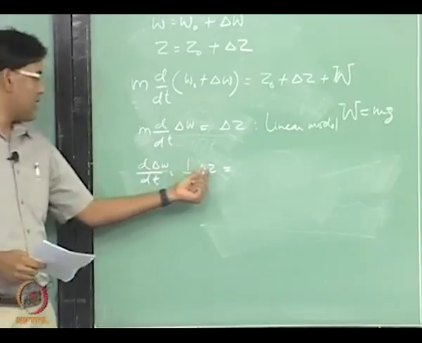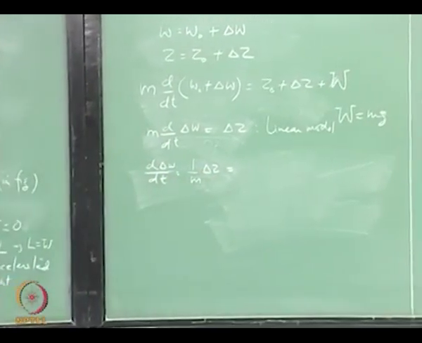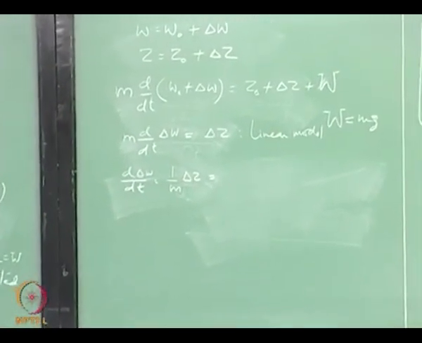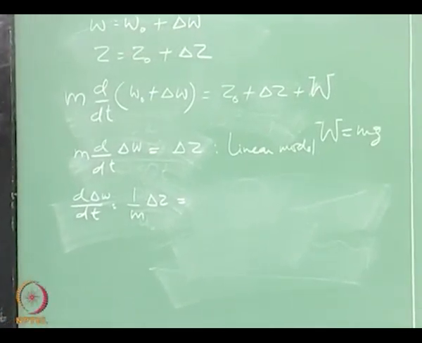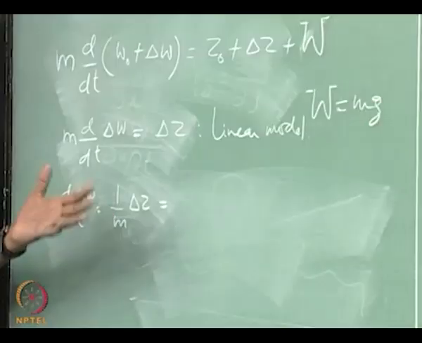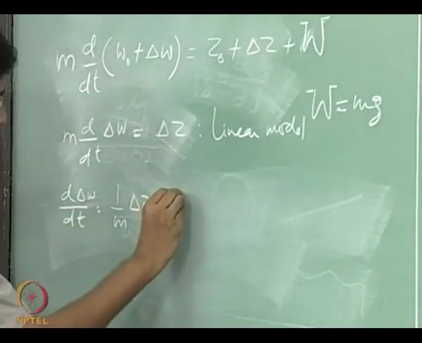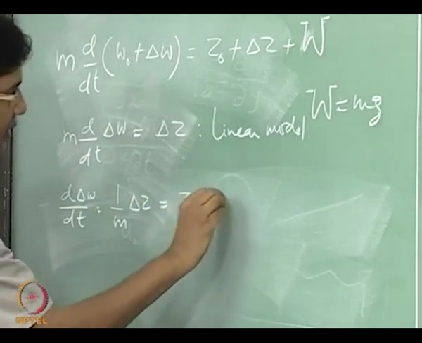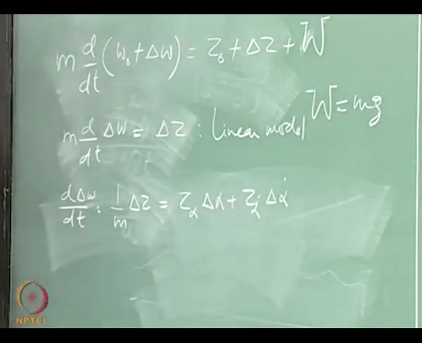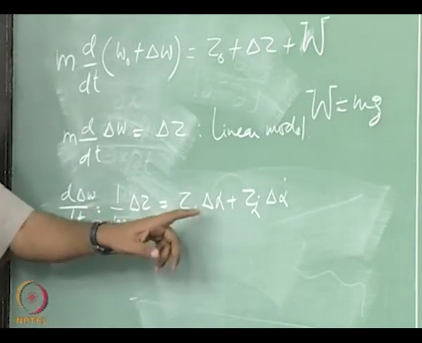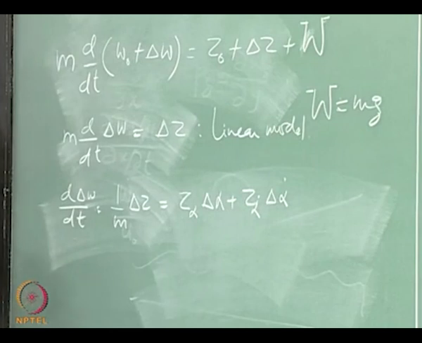Now, this force is going to change because of a steady part which is coming from change in angle of attack, and there is another part which is because of change in rate of angle of attack. So, we can write this also as this, right, z alpha into delta alpha plus z alpha dot delta alpha dot.